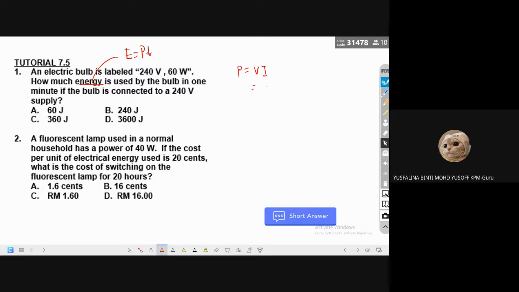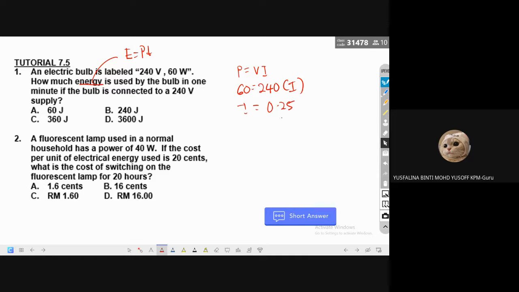P equals VI, 240, and the I we don't know, we need to find. 1 over 4 is 0.25, 60 divided by 240, yeah, 0.25. Then you can get the current 0.25.